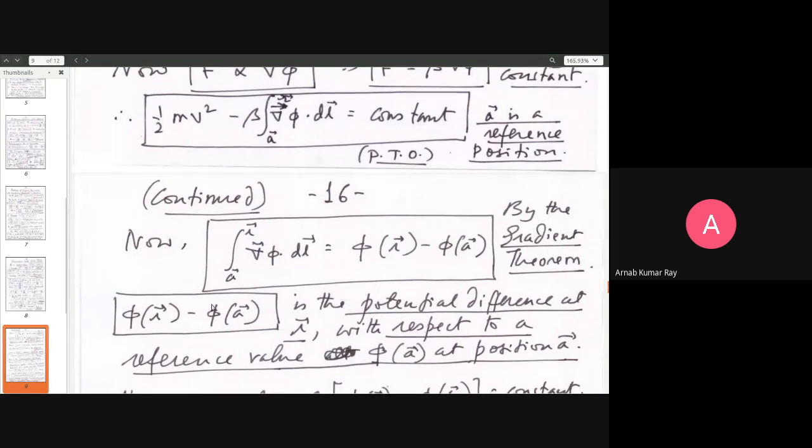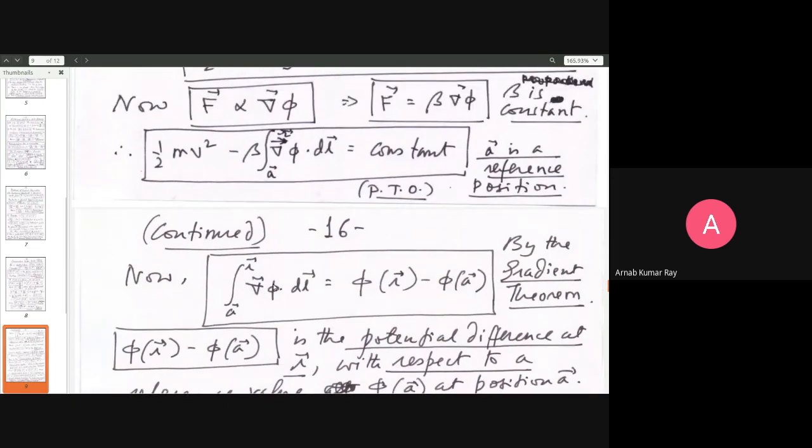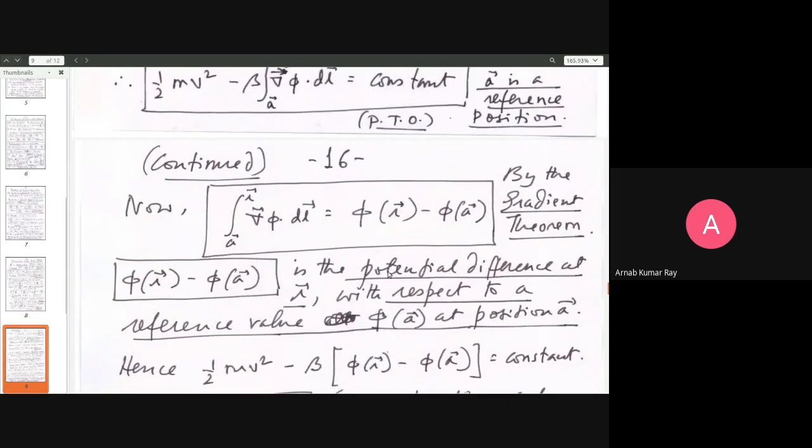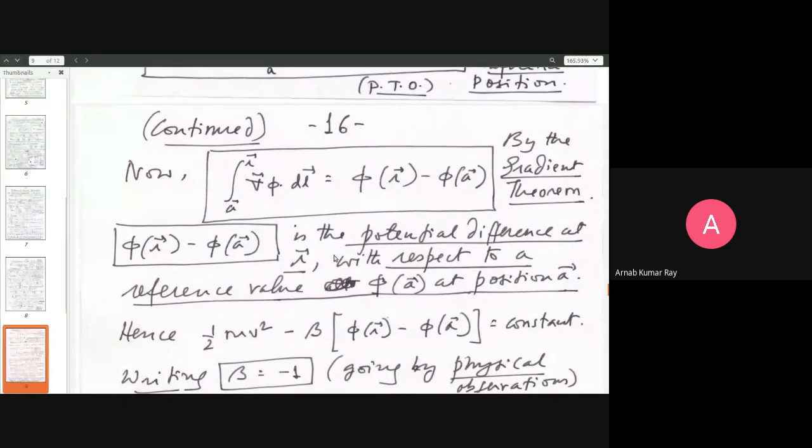Okay. And what have you got? Phi at R minus phi at A is, a very important point, the potential difference at R with respect to a reference value phi A at position A. I hope you have learnt very well at school that we don't measure potential.